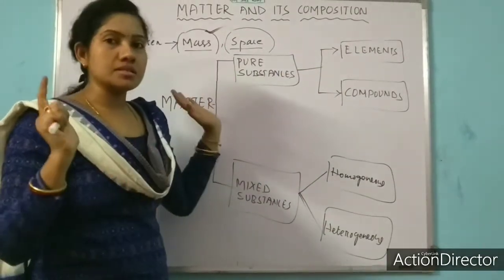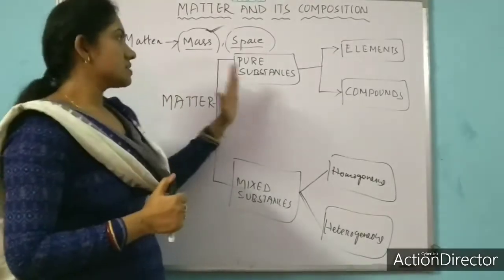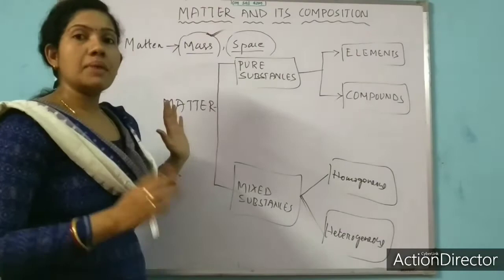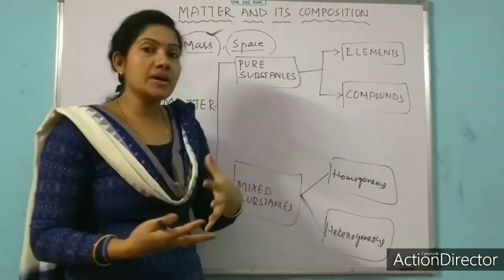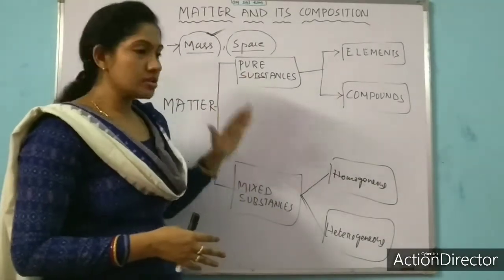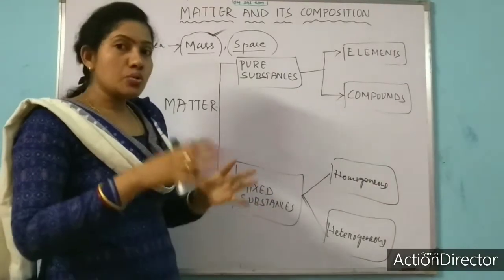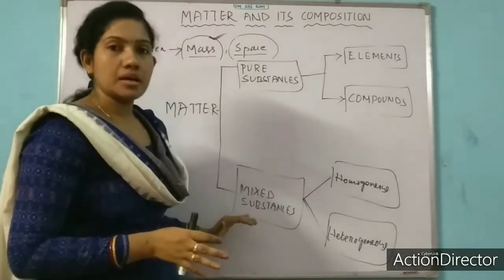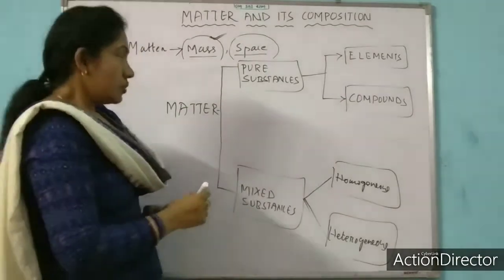So one by one we will discuss. At first we will discuss pure substances and mixtures. As I said, matter is broadly classified into a pure substance or a mixture. So what is the difference between pure substances and mixtures?